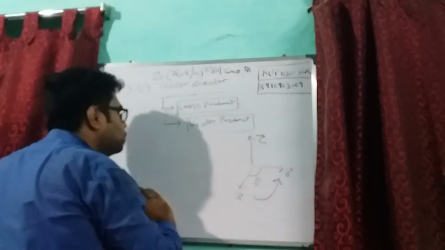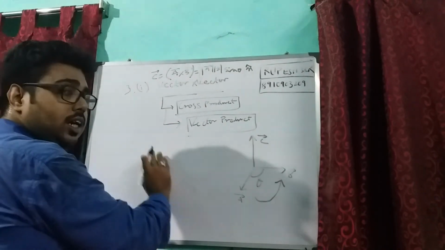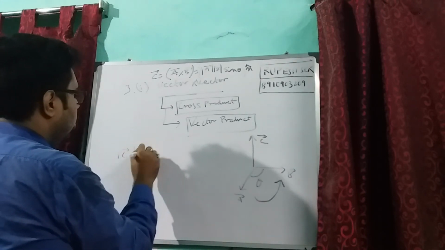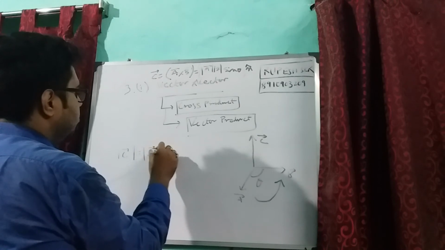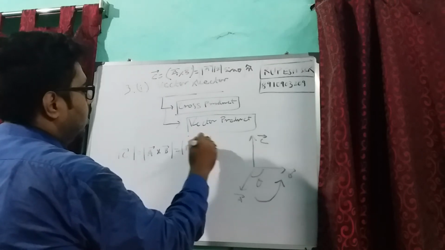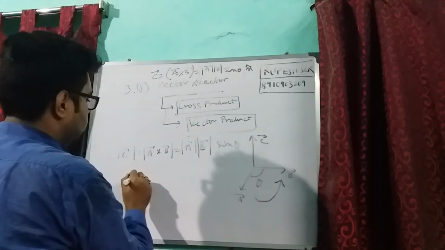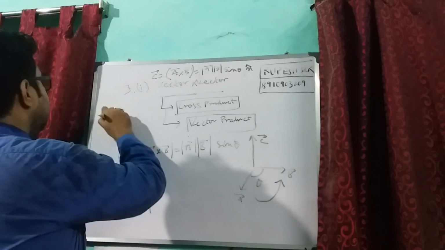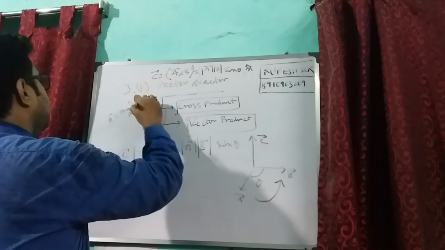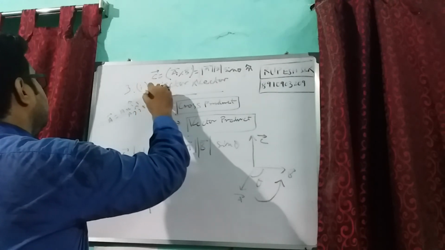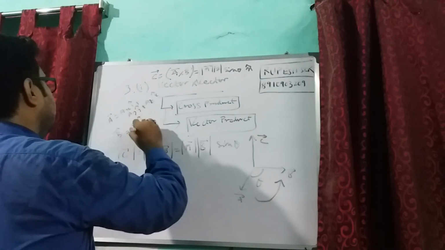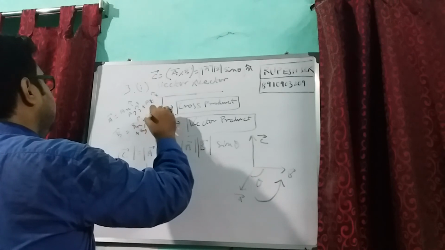The magnitude of C can be obtained by using the determinant rule. Mod C, or mod of A cross B, is obtained by, let us take two vectors again, A equals AX I cap plus AY j cap plus AZ k cap and B equals BX I cap plus BY j cap plus BZ k cap.